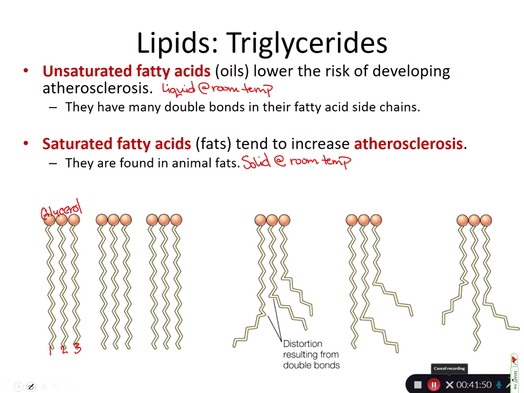So there's nowhere in this bond here where you don't have a hydrogen ion bound to it. So it gives the molecule a very straight structure. So these are all saturated fats. And because these fatty acids are really straight, if you think about it, we can squeeze them together really tight. We can make something that's a solid at room temperature. Think butter, think lard. Okay? These over here are unsaturated fats.